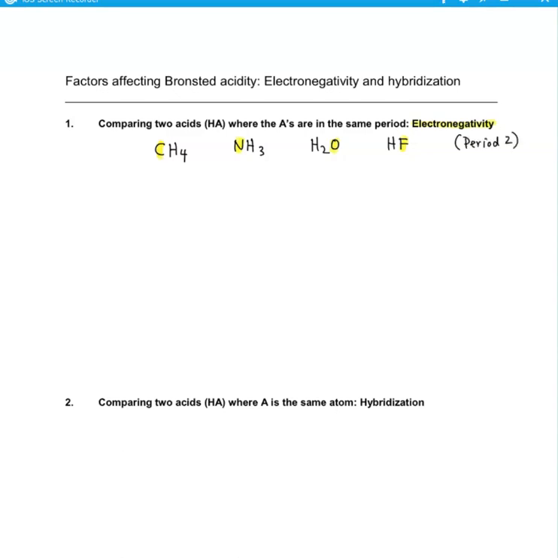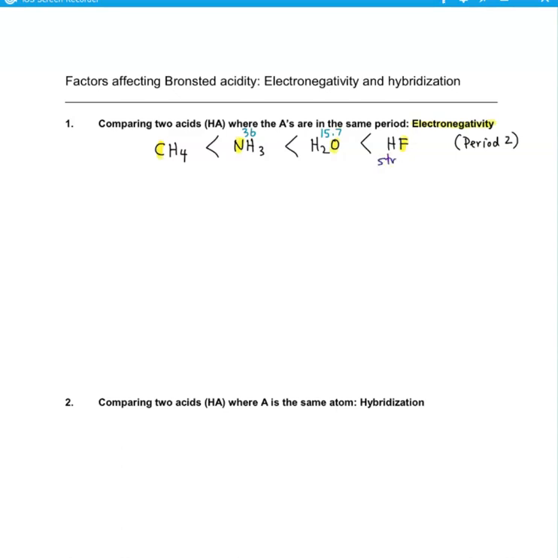And we know some things about these already. For example, we know that the pKa of ammonia is 36. And we know the pKa of water is 15.7. So with those two numbers, we already know what the trend is across a period, which is that acid strength gets greater as you go from left to right across the period.